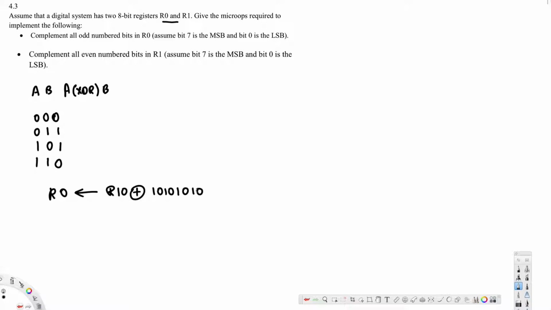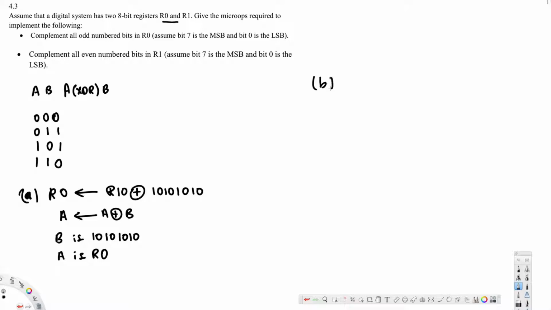So the required micro operation is A coming from A XOR B, where B is 1 0 1 0 1 0 1 0, and A is R0, and this is for the first part, let's say A part.